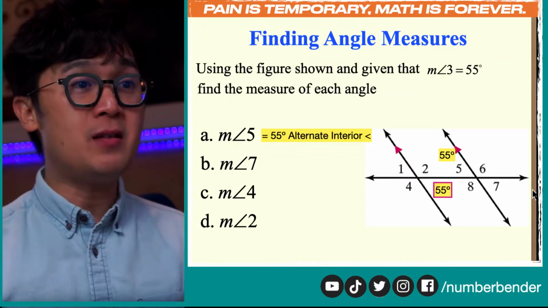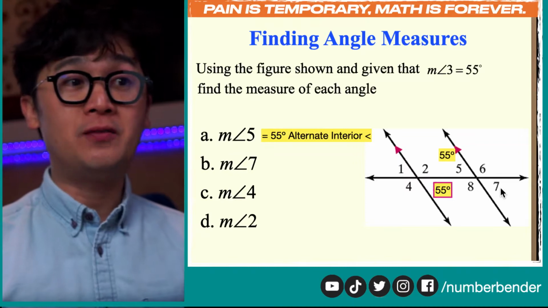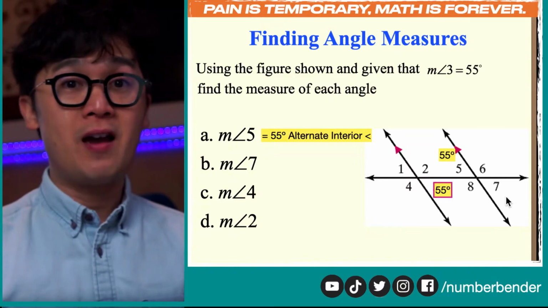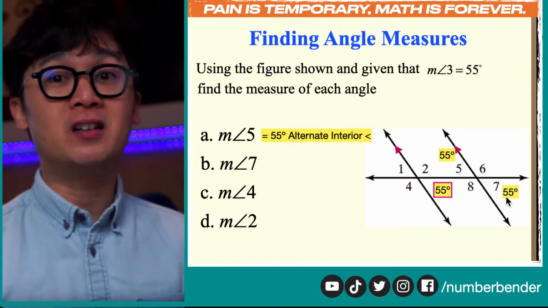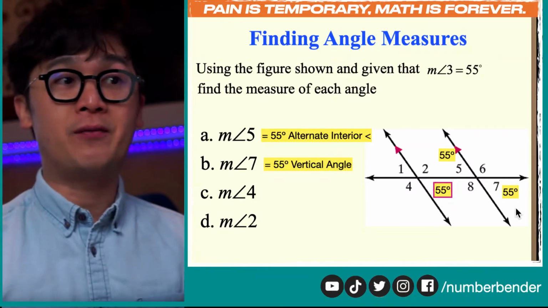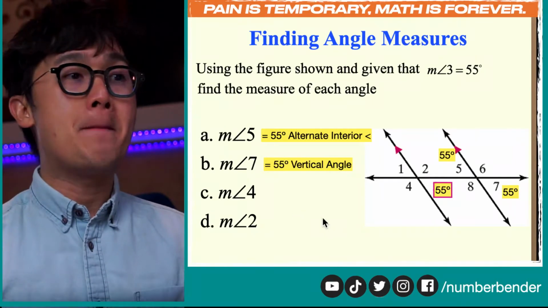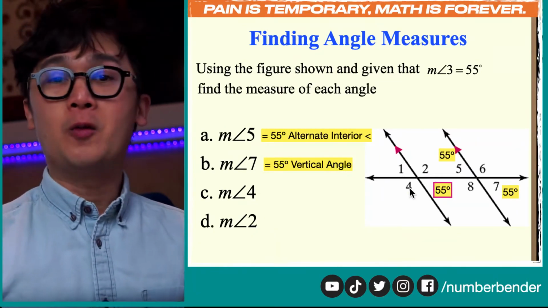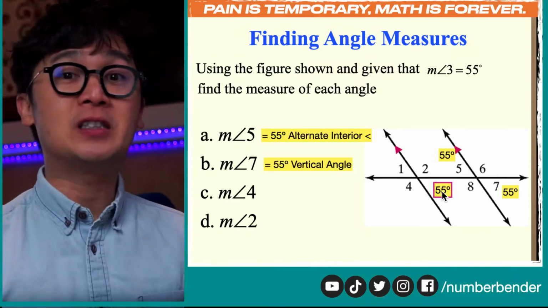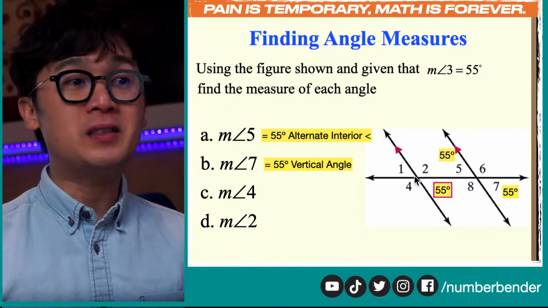With angle 7, in reference to the measure of angle 5, we know that they are vertical angles, and vertical angles are congruent. So the measure of angle 7 will be 55 degrees as well. With the measure of angle 4, we can reference it to angle 3, which is 55 degrees, and it forms a straight line.